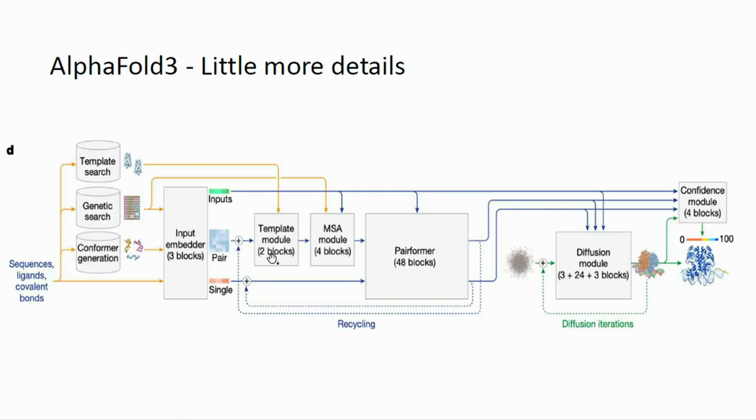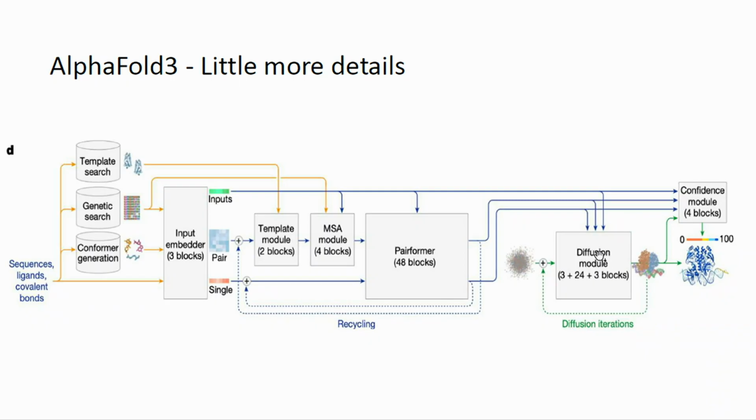And so this is the details of the model. You can see that the recycling only happens here. We'll revisit this module later. What the diffusion module does is you still condition on this PairFormer information, but you don't commingle it with the frames through the IPA module. Instead, you have the diffusion module, which is basically a diffusion transformer model. We're going to talk about details three lectures later.